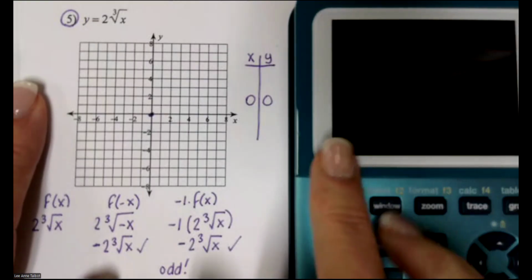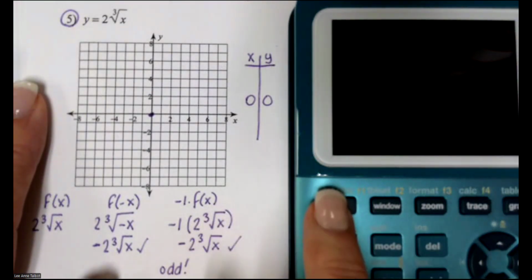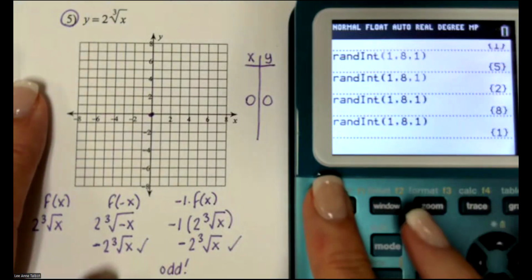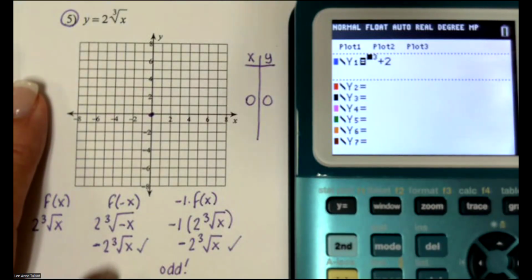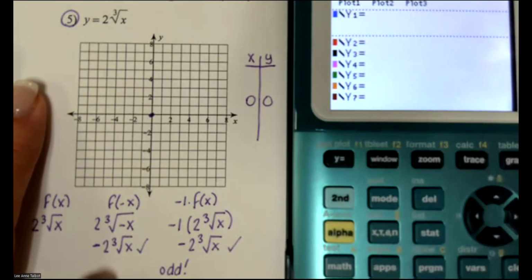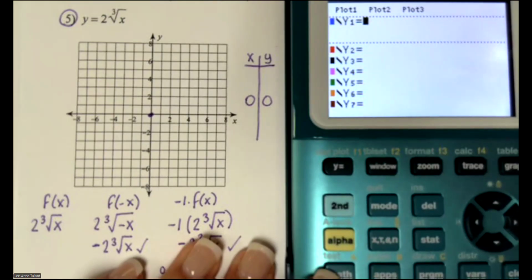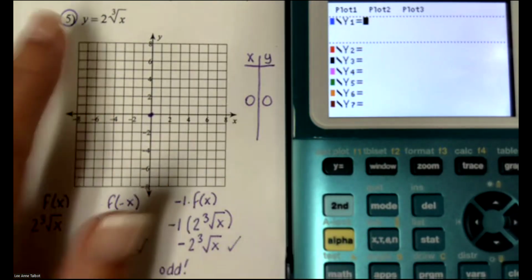Okay, what do I mean by cheating? Well, I'm going to go to y equals. I'm going to look at the picture and clear out anything that's in there. And I want to remind you that to find the cube root, you hit the math button, but I want the 2 in front first.